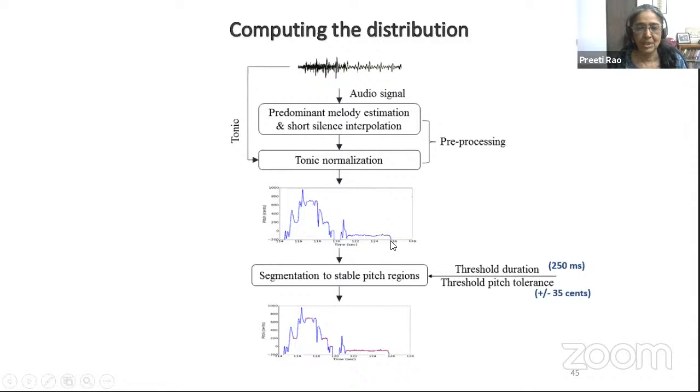And before that, I must mention that in Indian music, there's another really important stage that we need to know, that is called tonic normalization. Because whereas the key names in Western music are associated with very specific absolute frequencies, the sa, re, ga of Indian music are really movable pitches, and they all refer to a certain chosen bass pitch that the performer decides.